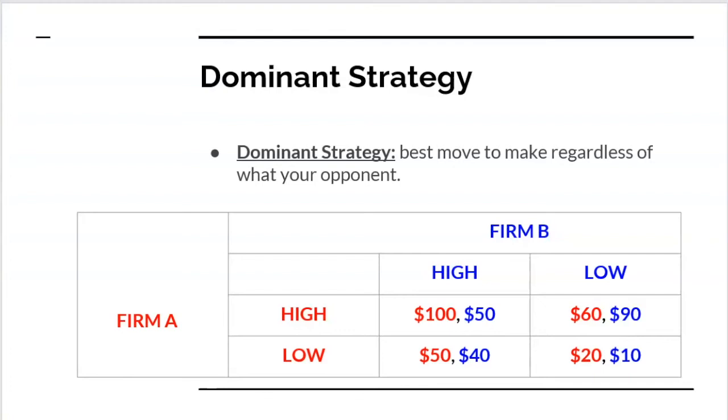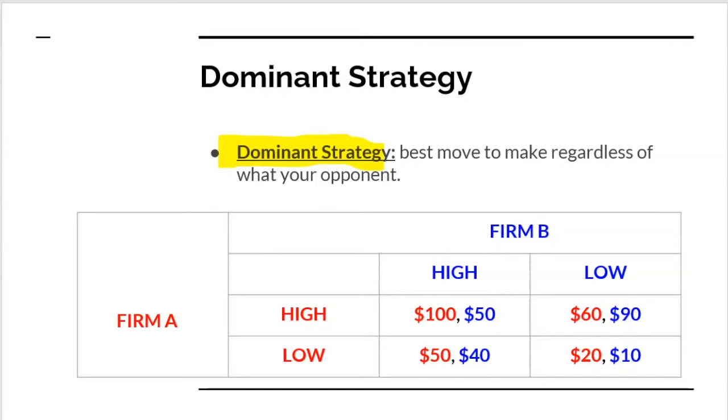Whenever we look at a game theory matrix, there is more than likely a dominant strategy. A dominant strategy is the best possible move a firm can make regardless of what your opponent does. No matter what your opponent does, this is the decision you're going to make 100% of the time. I made this in different colors to make it easier to read.